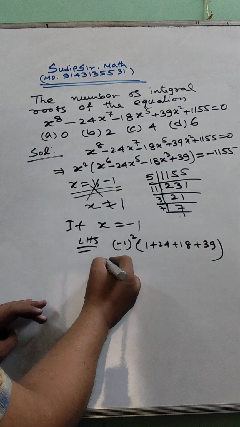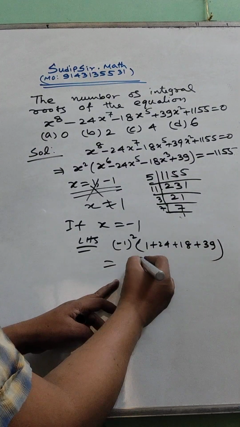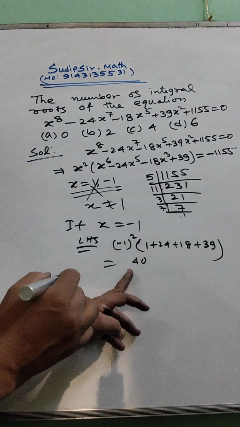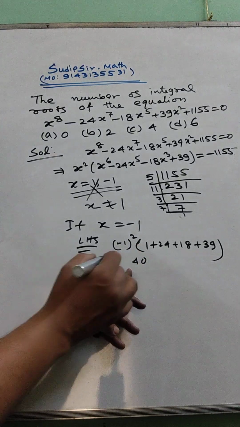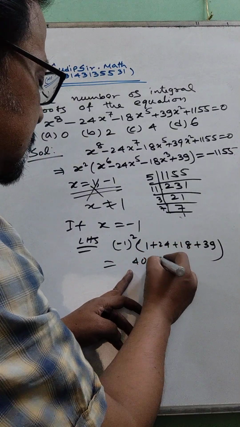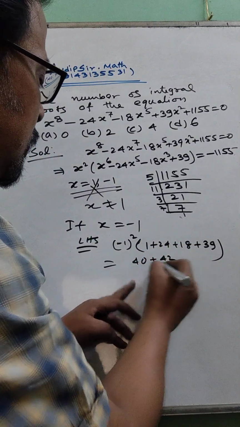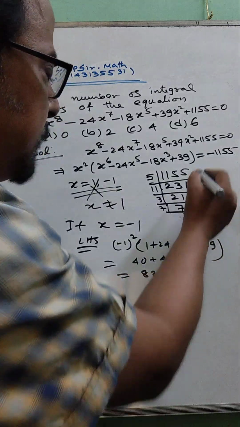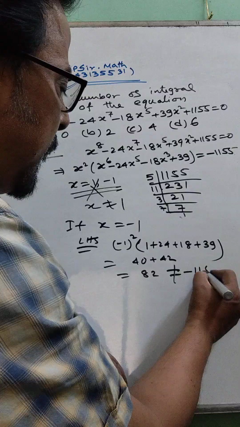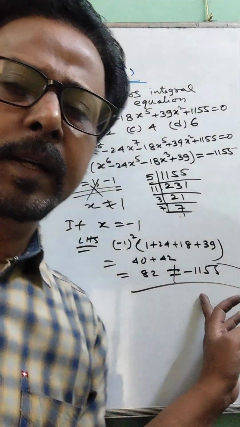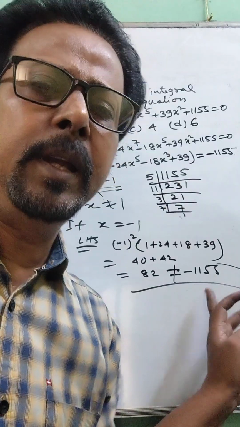Clear? Minus 1 whole square is 1, so this is 40 plus 42, say 82. But RHS is minus 1155. So this also does not satisfy.